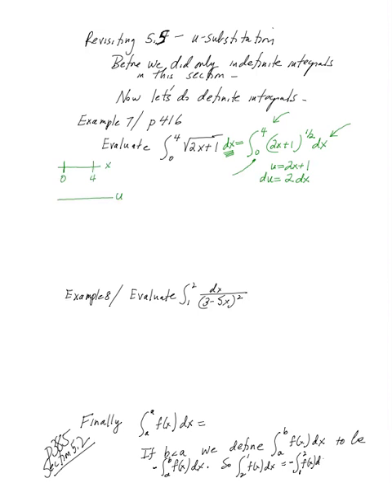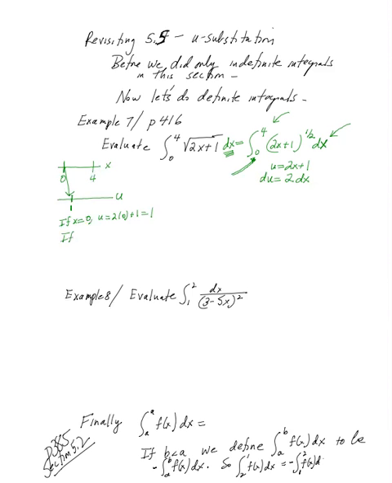Now, if x is 0, what's u? Isn't u 1? If x is 0, u is 2 times 0 plus 1, or 1. Okay, that x being 0 turns into a u being 1.